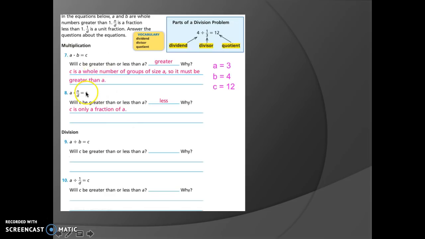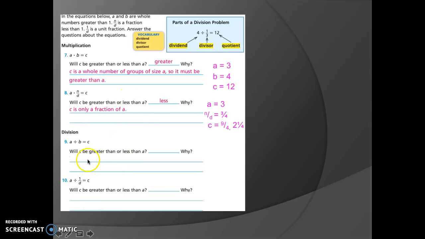Well, because this is only a fraction of what we started with. So for example, if A is 3, and if this fraction was 3/4, 3 times 3/4 would be 9/4, which is 2 1/4. That answer is less than what we started with. Okay, we did that back a few lessons ago in 3.9.